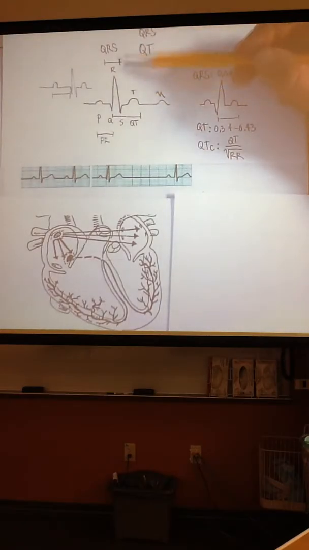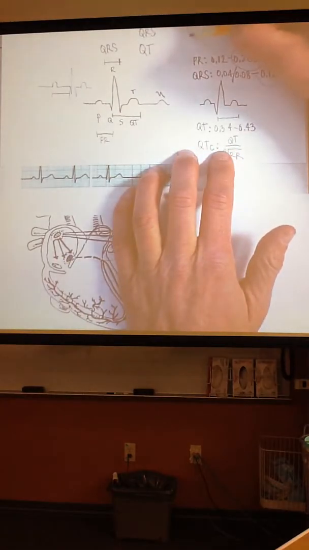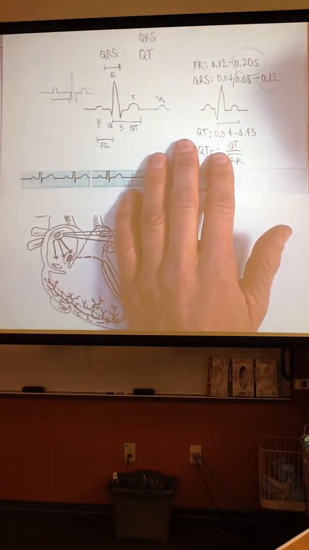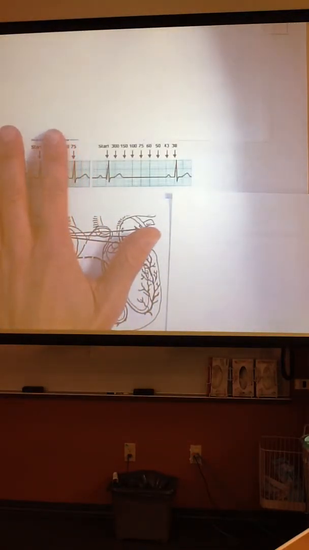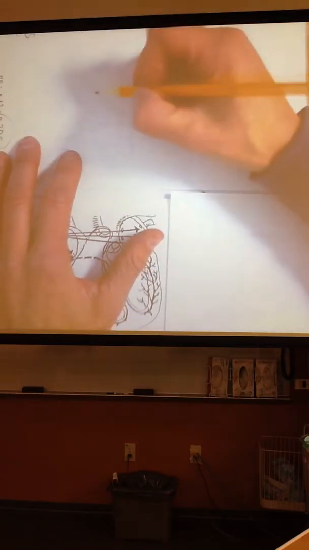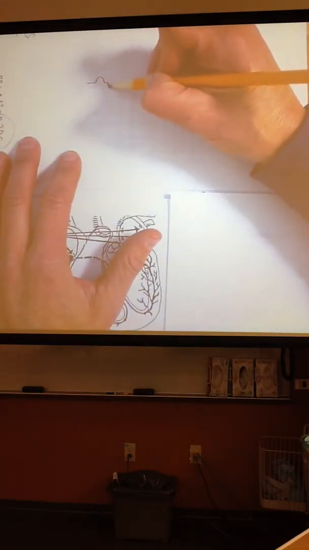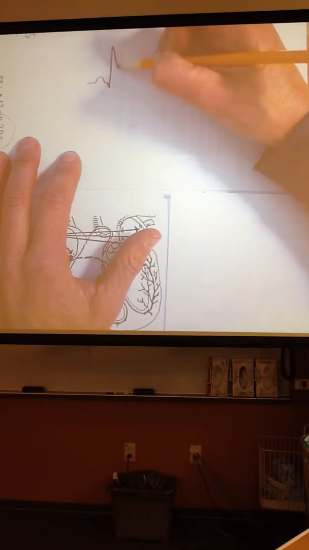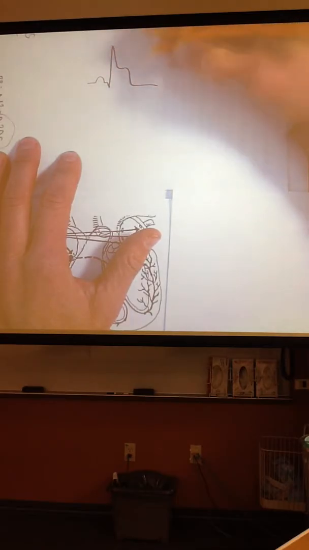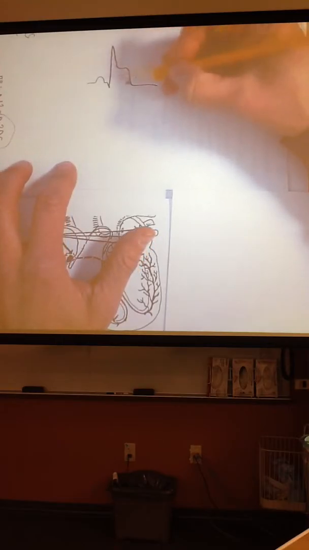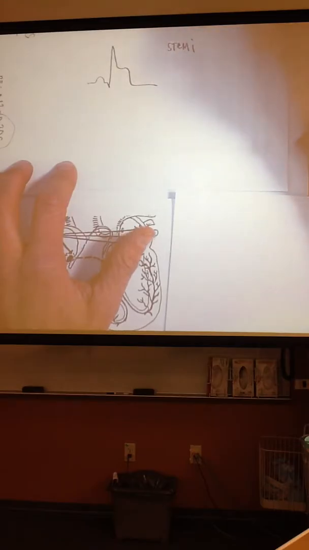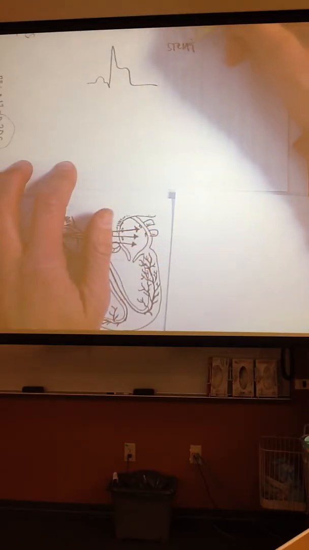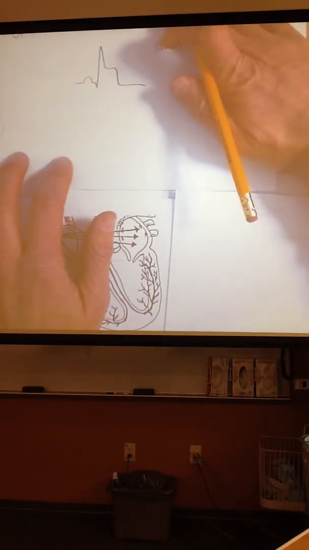Other things you may see that'll be interesting is if someone is having an acute myocardial infarction or a heart attack, that's where you'll have a P wave, you may have a pathological Q wave, but you may see this ST segment that's elevated, and that's where we get STEMI from. ST segment elevated myocardial infarction, and we call those tombstones. You don't want to see that on an EKG.